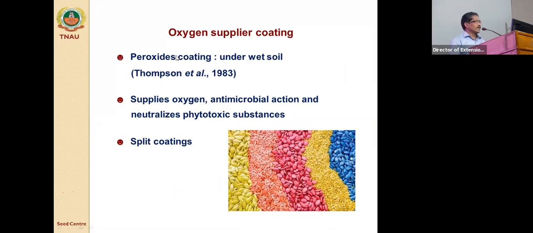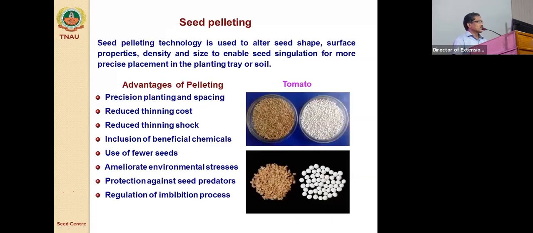To avoid that, even in flooded situations, the seeds can be made to survive with the supply of oxygen. So we can coat or treat the seeds with peroxide, oxygen-supplying chemicals, and go for sowing in highly wetted or flooded soils. This is called oxygen supplier coating. These are all coatings used for specific purposes. That's what I want to say.